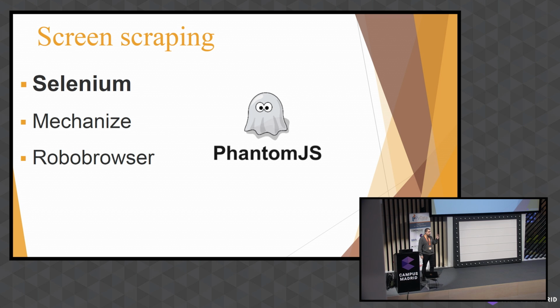Normally, Selenium is used with Phantom.js for extracting data with JavaScript, and is combined for navigating forms and pages with JavaScript content. Other tools that we have in Python, I only comment on, are Mechanize and RoboBrowser. These tools are the others that we have.